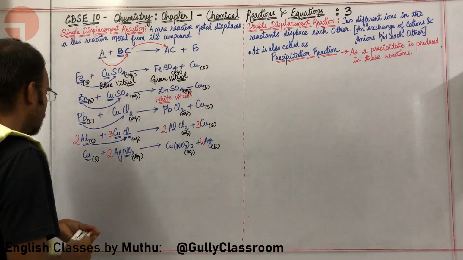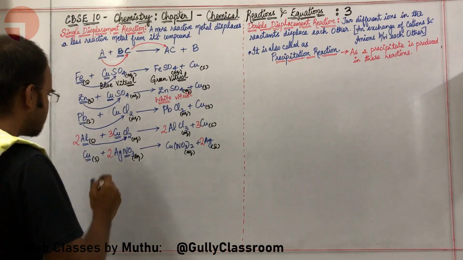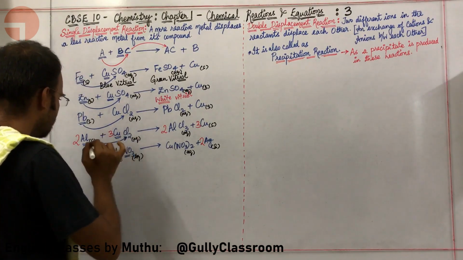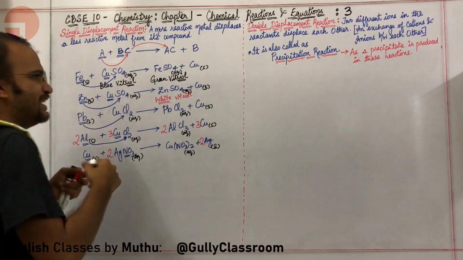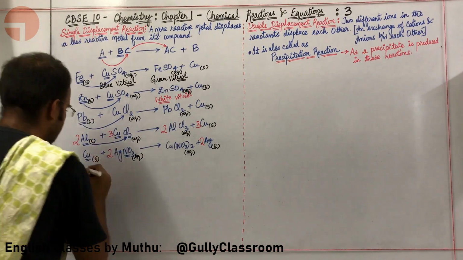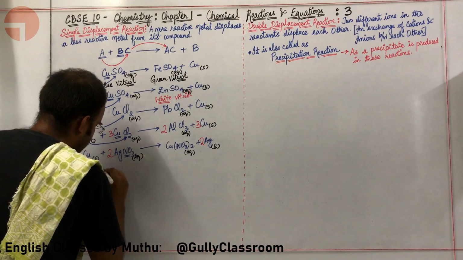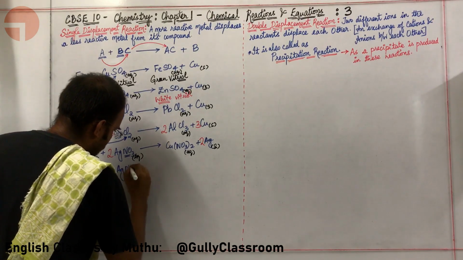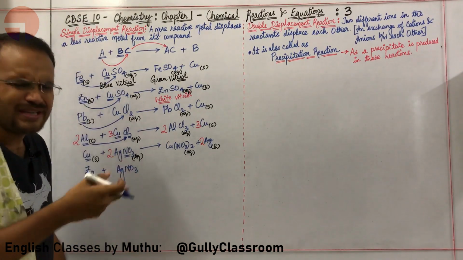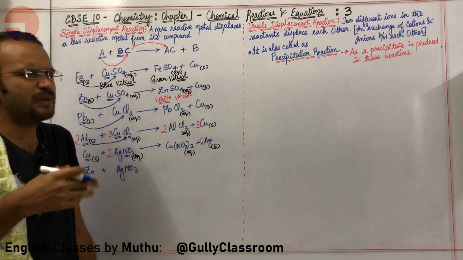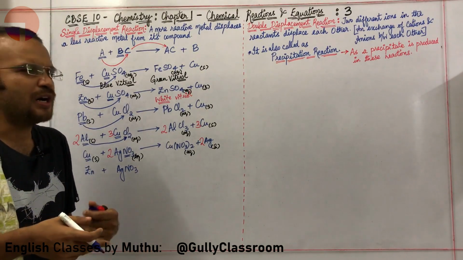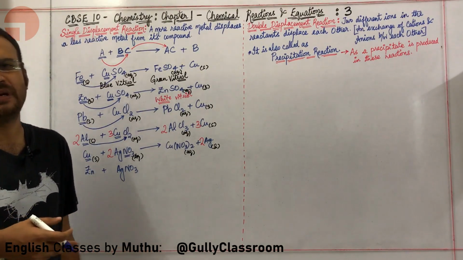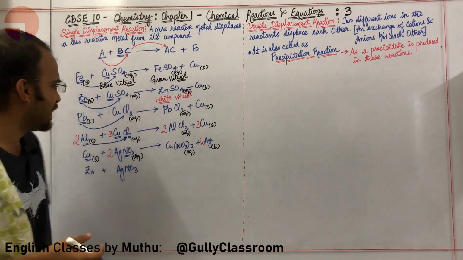Sir, give us another reaction where AgNO3 can be used. Absolutely. Let us take Zn. Zn is put with AgNO3. Silver is one of the least reactive metals. That is why silver and gold are usually called noble metals, because they are least reactive.